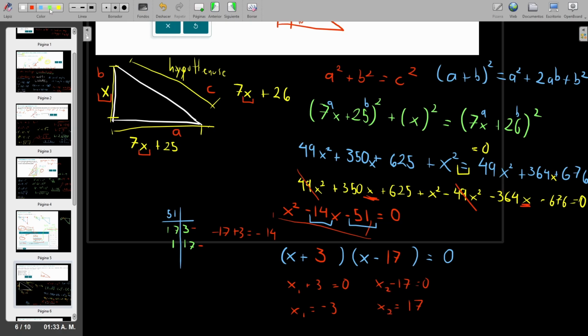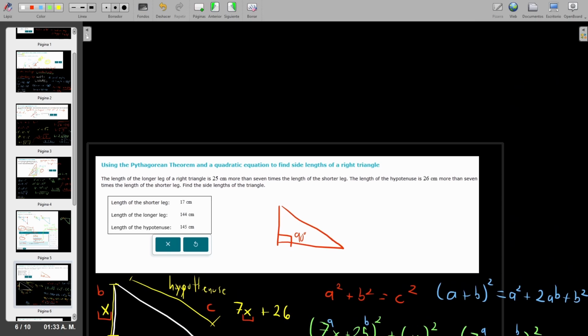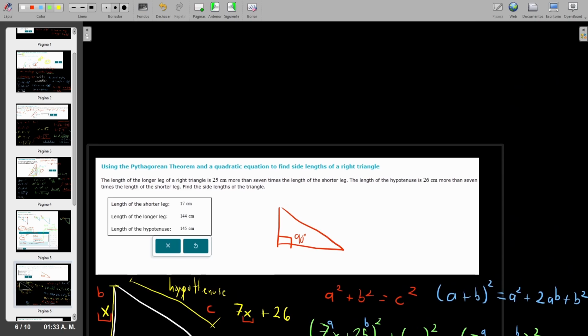Which value do we have? In this case, the 17 that is positive. Why? Because we need a number that is positive. So x, we know that is 17. So now we substitute it. I'm going to be writing this part here.